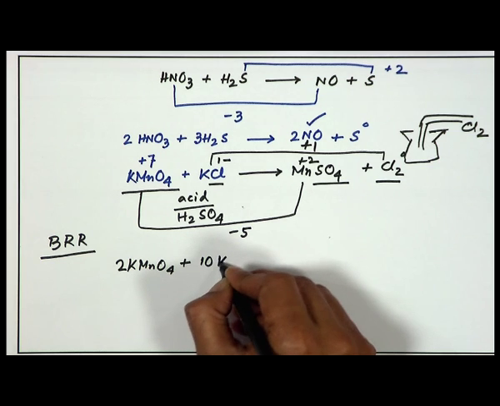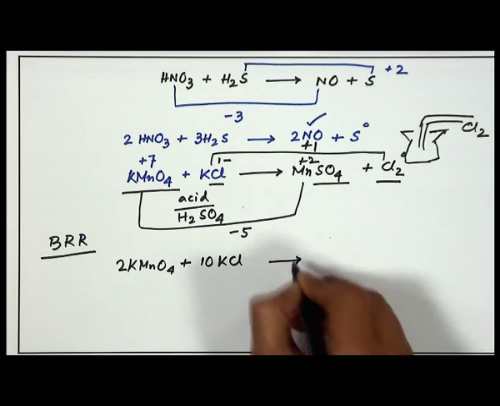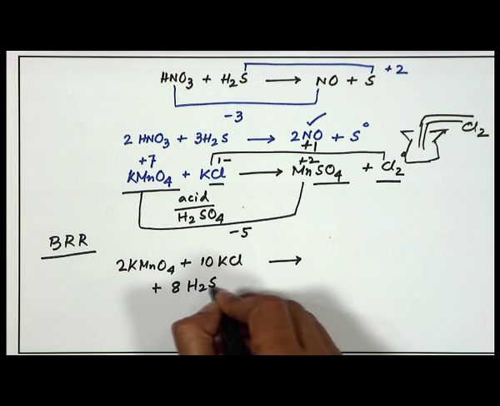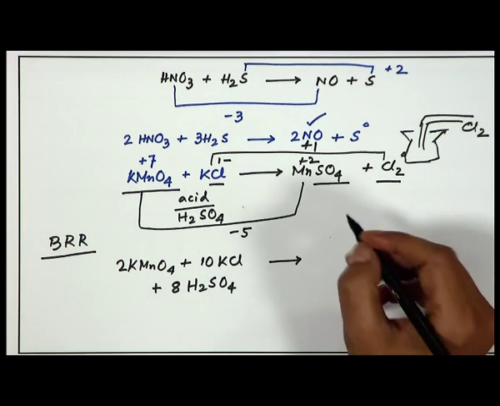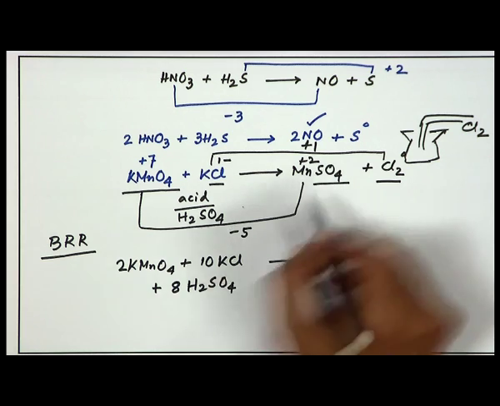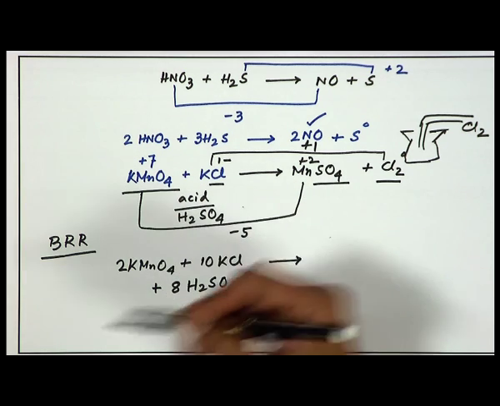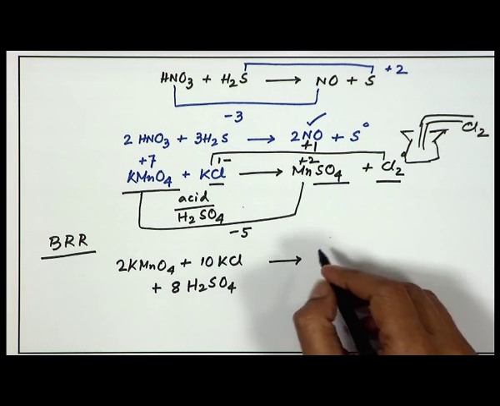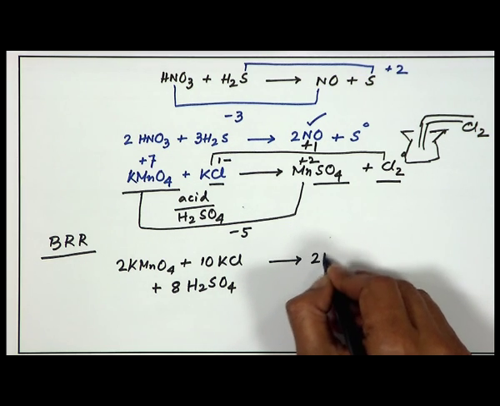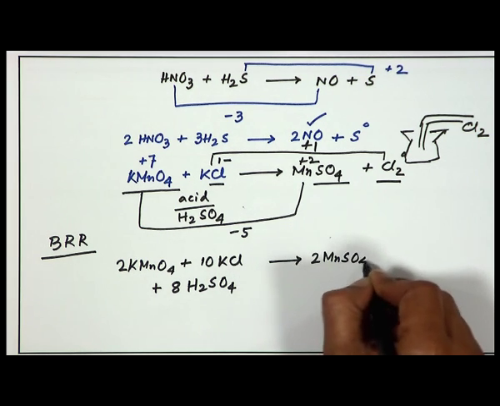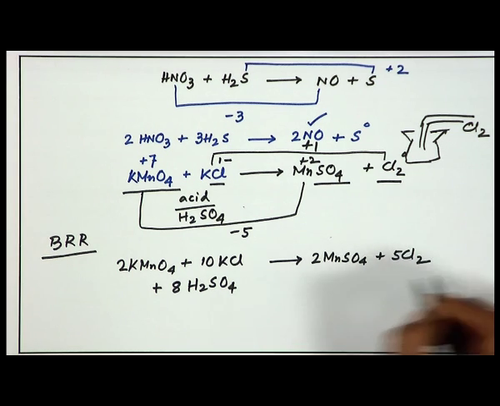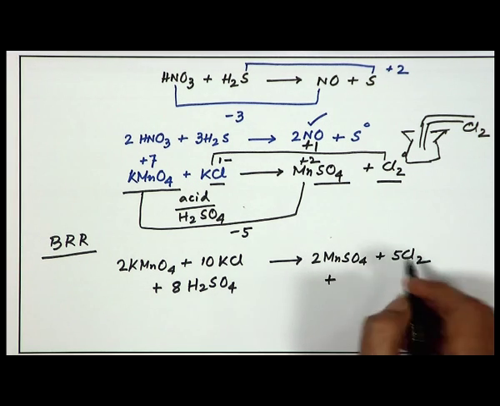So, it will be twice of KMnO4, because we take 5 into 2, 10 of KCl, in presence of 8 molecules of sulfuric acid, which is typically balanced by balancing the proton and the sulfate anion in different steps, like 1, 2, 3, 4, 5, what we just discussed, for the formation of the corresponding MnSO4, which will form along with 5 chlorine.